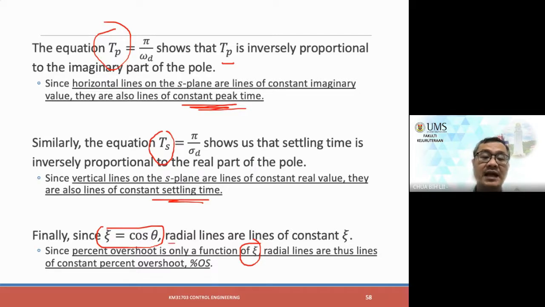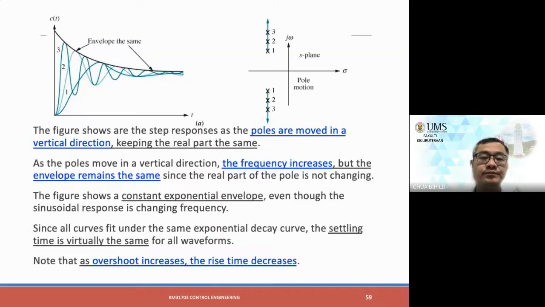This radial line, this angle, is related to the percent overshoot. So three characteristics of the S-plane are defined by these three specifications of the second order system: peak time, settling time, and the damping ratio.